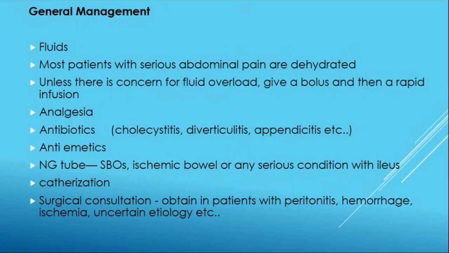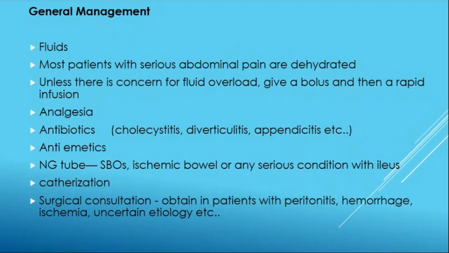Antiemetic: if the patient is having vomiting, decide depending on that. Again, you have to decide what sort of antiemetic to give. Ondansetron, where does it act? It acts on the chemoreceptor trigger zone. So if the patient is vomiting due to stimulation of the trigger zone, you go for ondansetron.